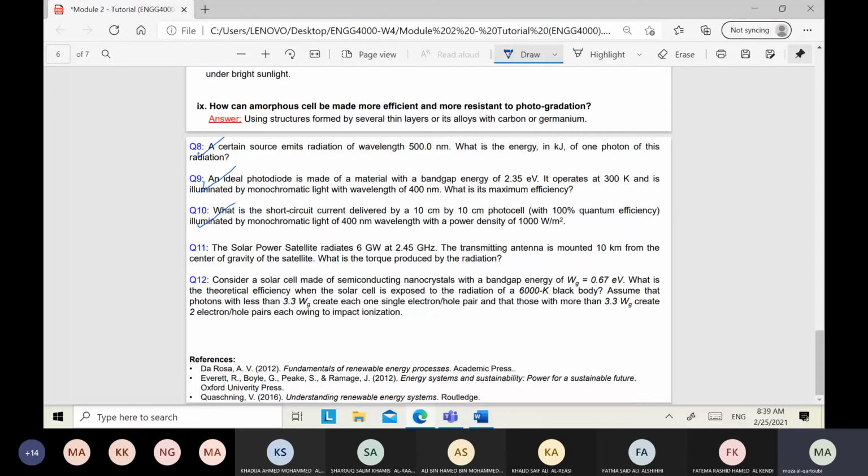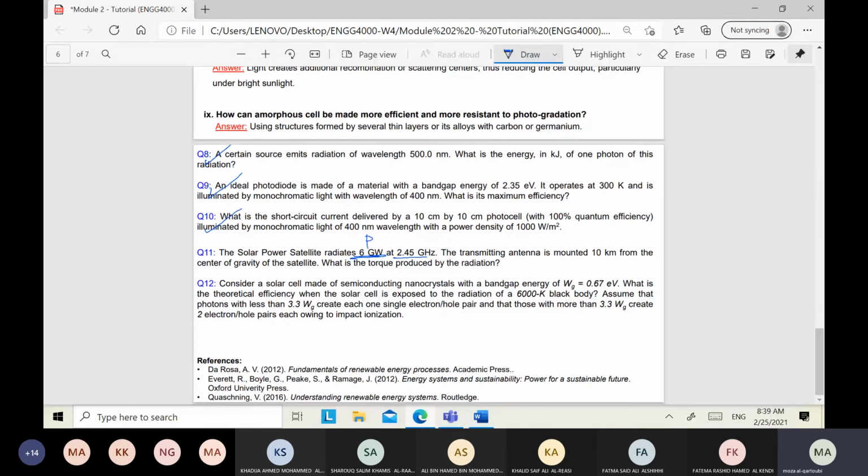So this is power, and at 2.45 gigahertz, this quantity is frequency. The transmitting antenna is mounted 10 kilometer from the center of gravity of the satellite, so this is the distance between the antenna and the center of gravity of the satellite.